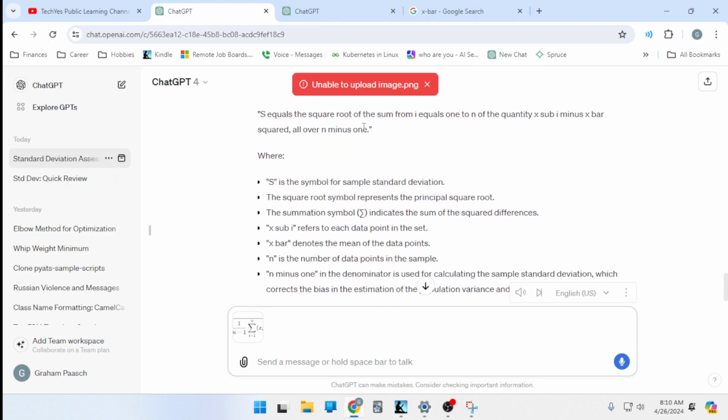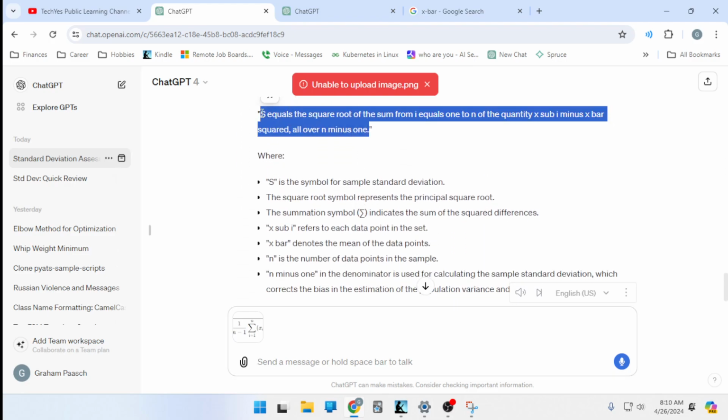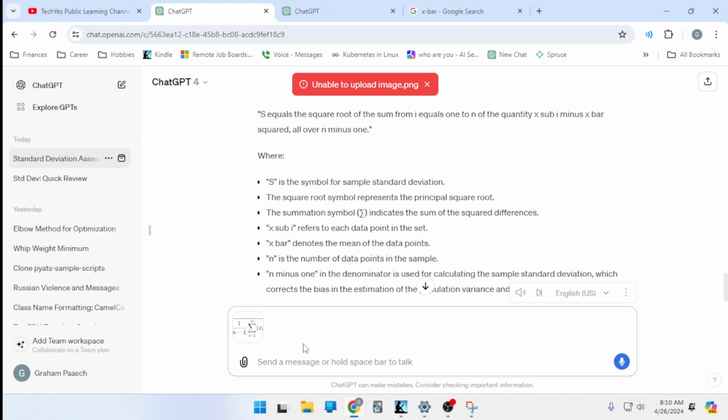So I'm going to say, assess this English sentence that describes the equation in the screenshot for accuracy.